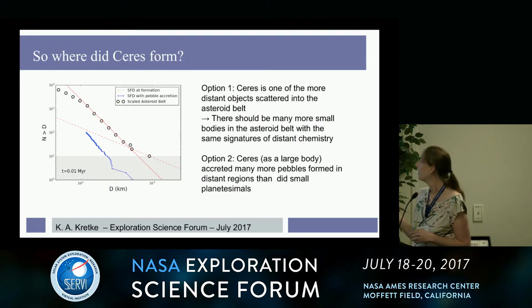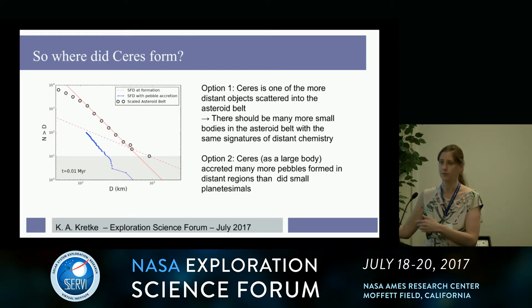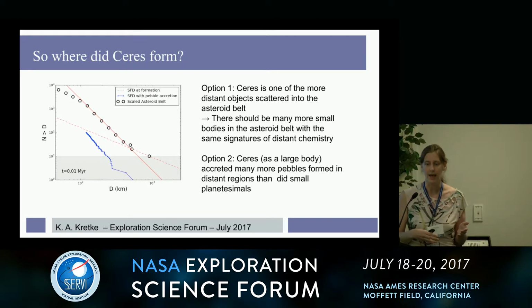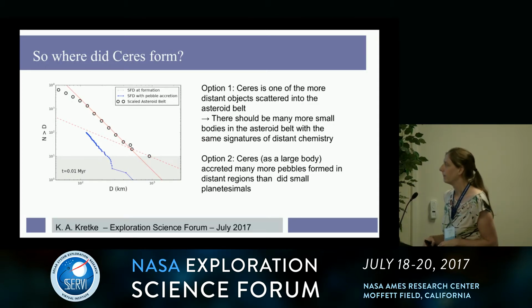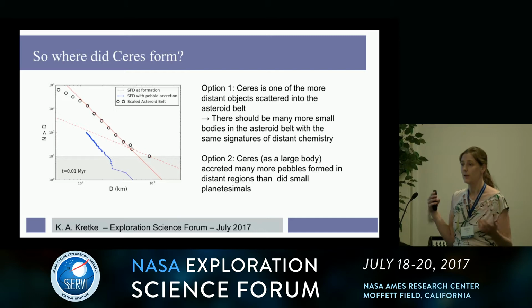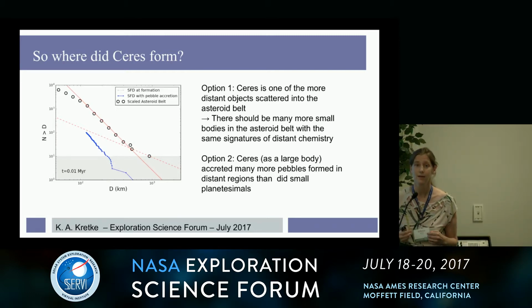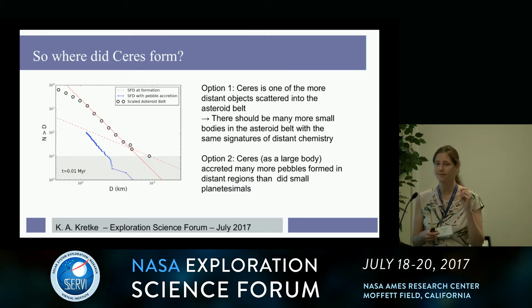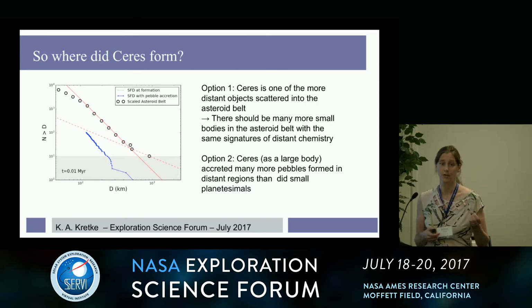So that's cool. We can make things from a large population in the outer solar system and implant them into the asteroid belt at reasonably high efficiencies. But one question is, Ceres. So we specifically brought up Ceres as being an object that we know has this signature of very distant solar system chemistry.